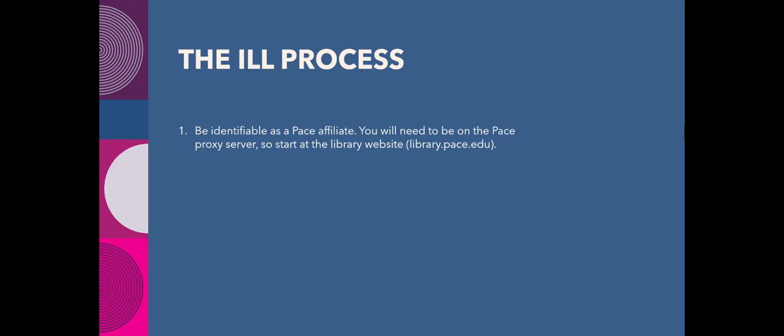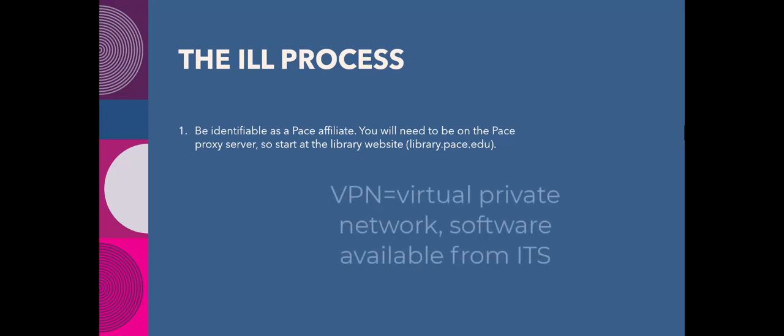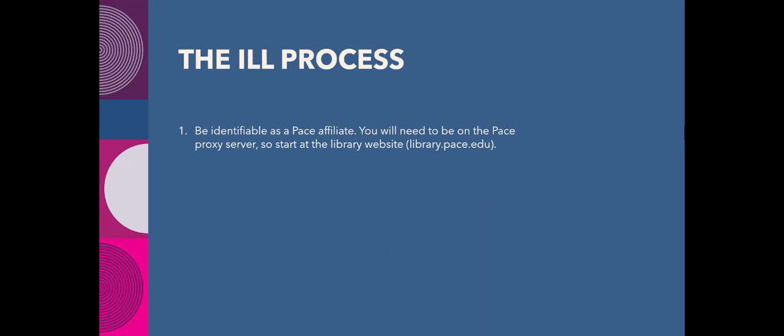The easiest way to get onto the proxy server is to start at the library website. If you are off campus, you may need to use the PACE VPN. I will put a note in the video description about how to find that.